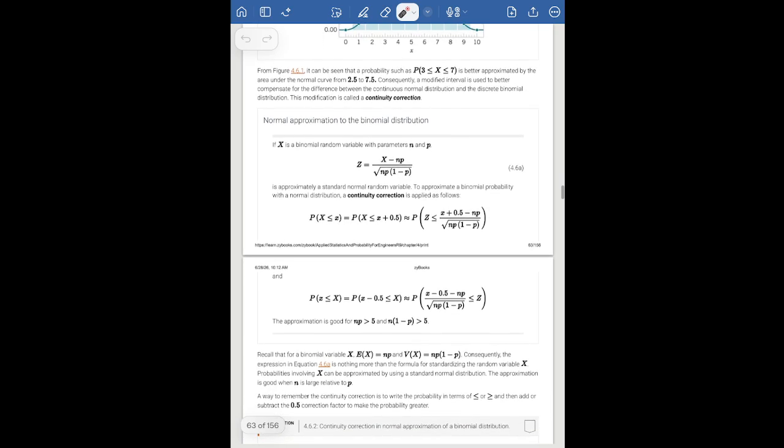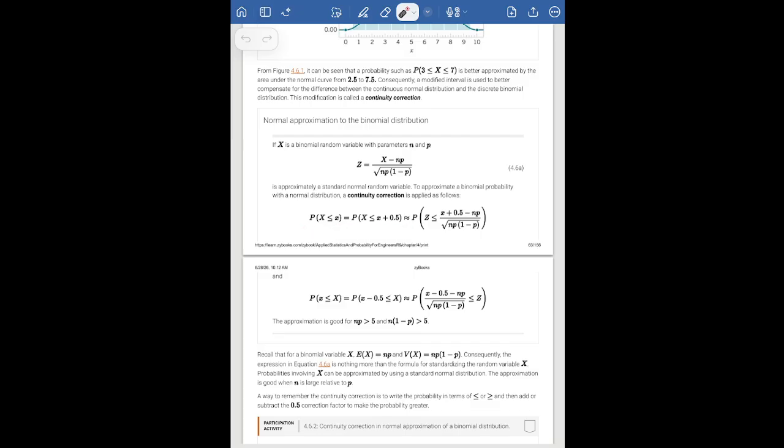Normal approximation to the binomial distribution is modeled through this relationship. And say if we wanted to modify using the continuity correction, we can apply it as follows. We have these as our relationship that we like to leverage.